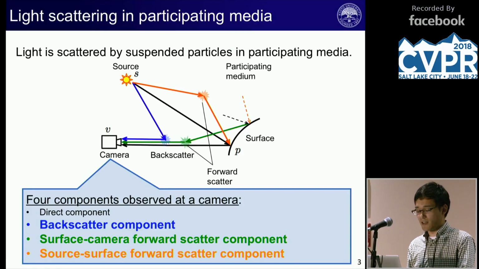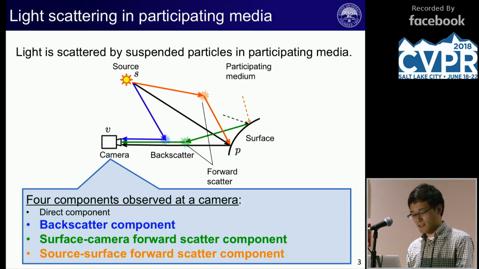And the second one is a surface camera forward scatter. In this figure, we observe a surface point P, and the reflected light from another point is also observed at the camera via forward scatter between the camera and the surface.